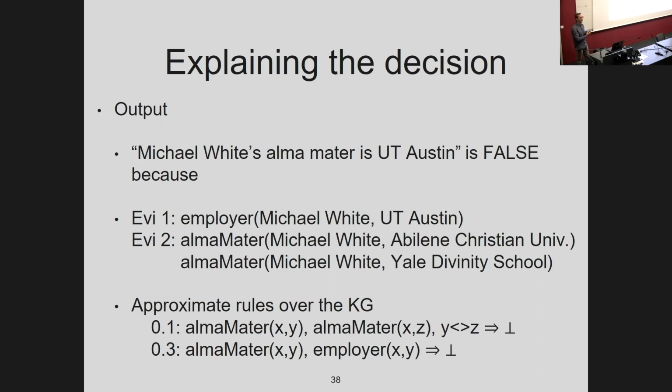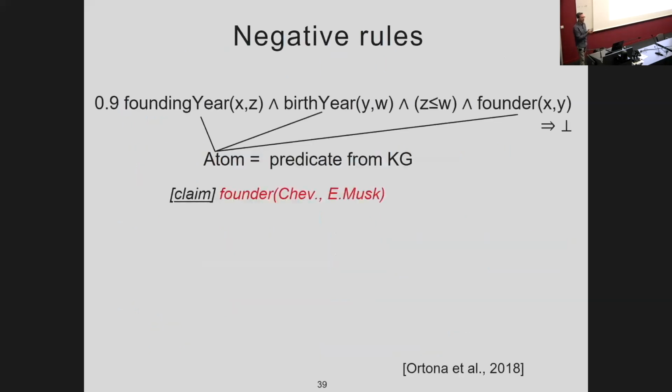Okay, so the question now is, this seems cool, right? We can use rules to gather the evidence that justifies. So the next question is, how do you get these rules? I think that Floris is going to talk a little bit about this this afternoon, but there are tools for relational data and for graph data that try to mine the rules directly from the graph.